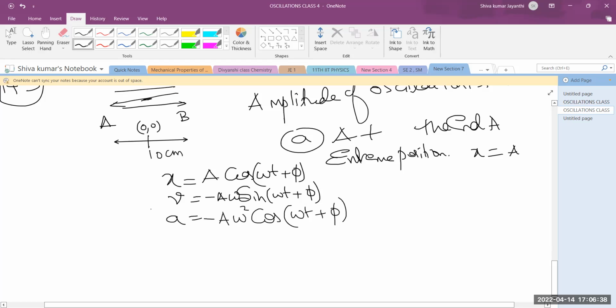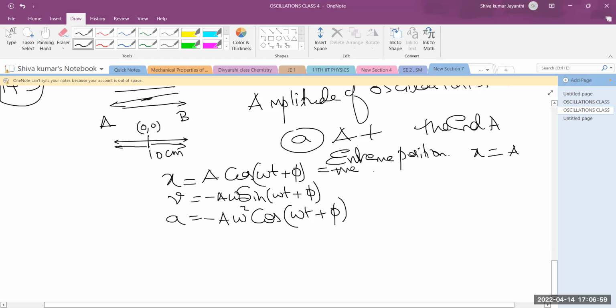I told all this. So now what I was saying is at the extreme position, at this one extreme end, what happens? What we know is this direction is positive and this direction is negative. So X is negative or positive? Negative.